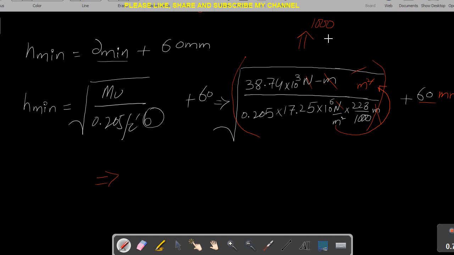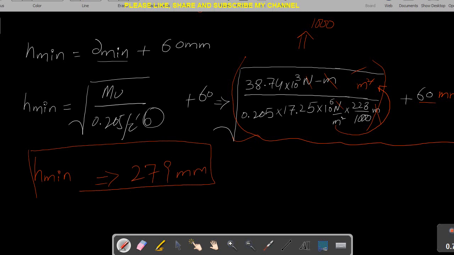We will multiply that value with 1000, we got 219. So 219 will be added to this 60. The final answer from this whole part will be 279.2 something, but ignoring 0.2, my H minimum will be 279.